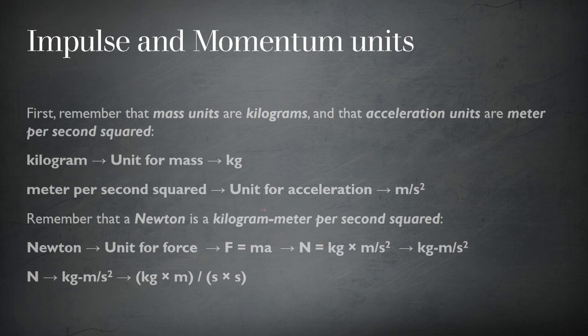Like in Newton's law, a newton is a kilogram meter per second squared. Newton is the unit for force, where force is equal to mass multiplied by acceleration. When you expand the unit, you get kilogram meter divided by s multiplied by s, which is s squared.